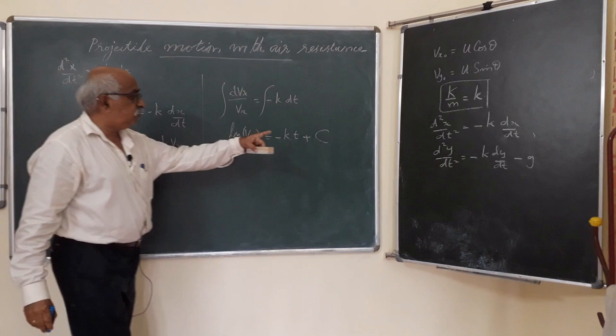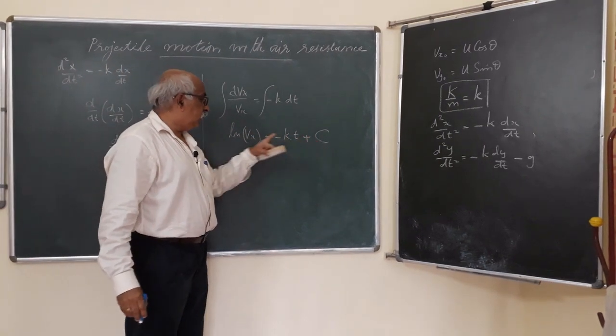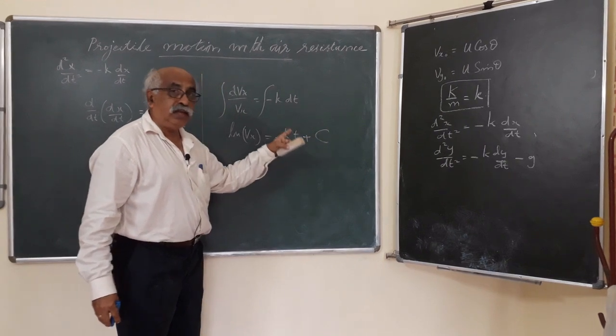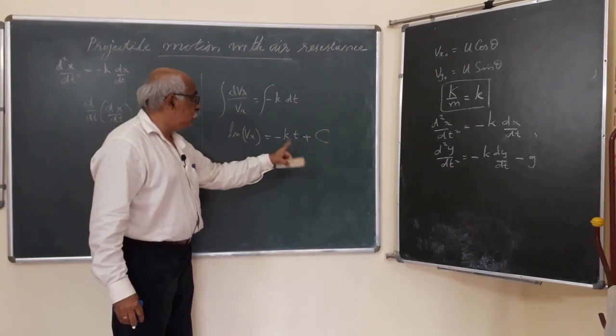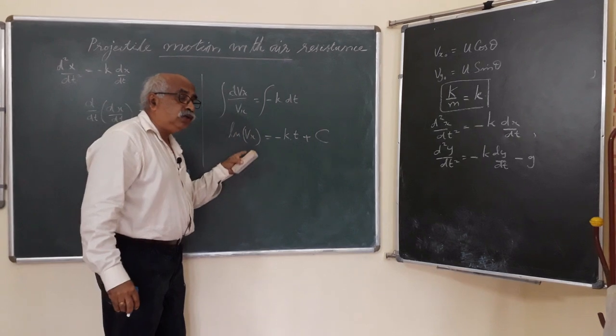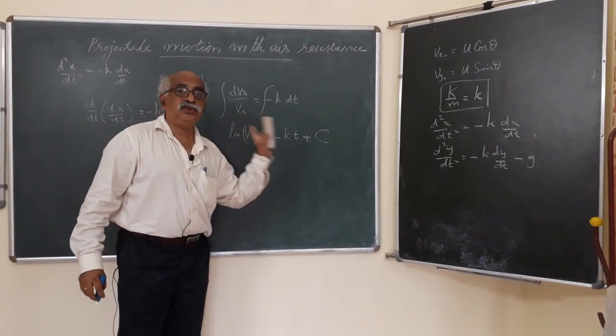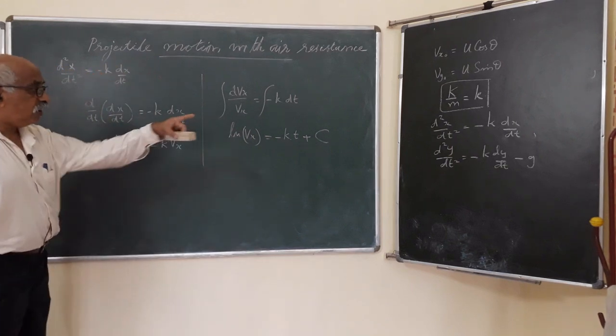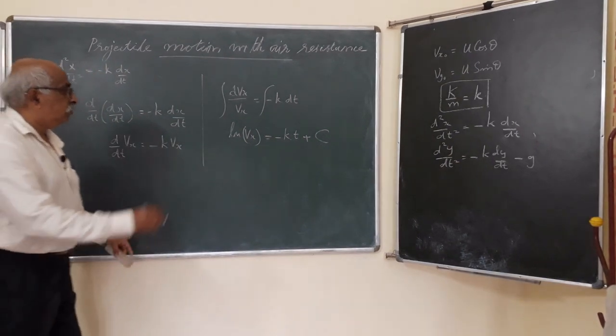We can fix this constant of integration c by applying the initial condition. When t is equal to 0, the component of velocity in the x direction is vx0. Making use of that, we can find c.